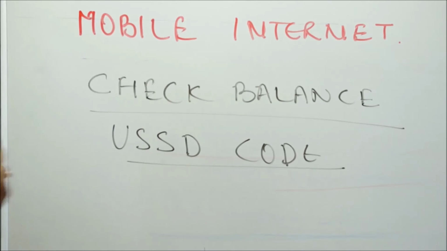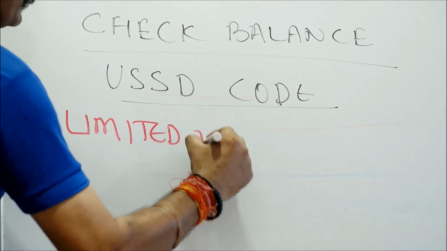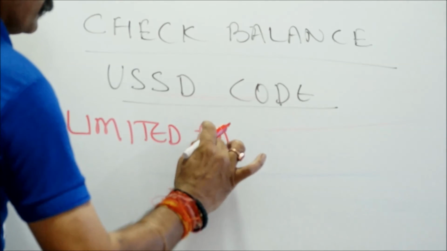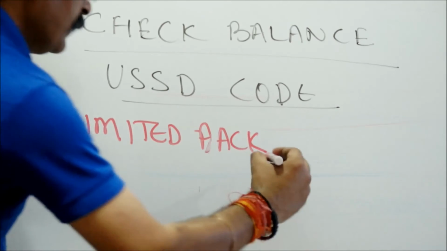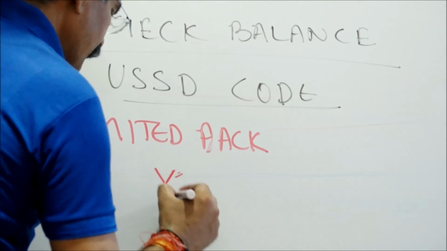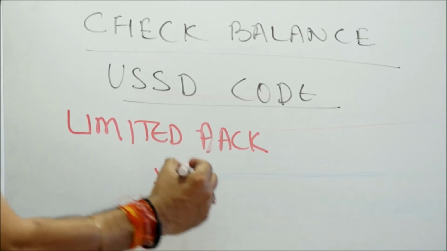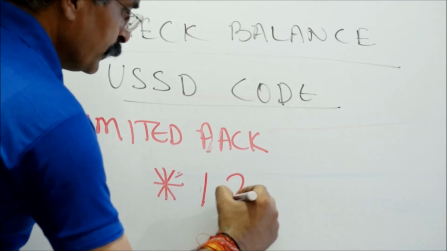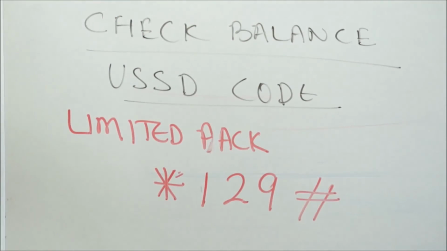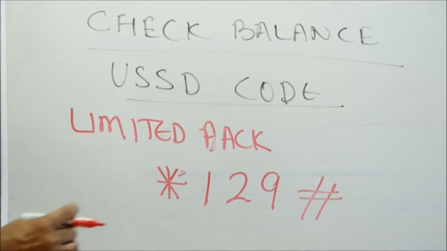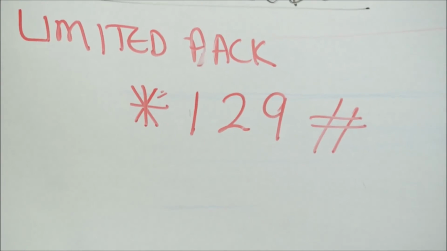So for limited pack, you have star 129 hash. All your USSD codes will always start with star. So anything which you dial on a handset starting with star and ending with hash will be a USSD code.